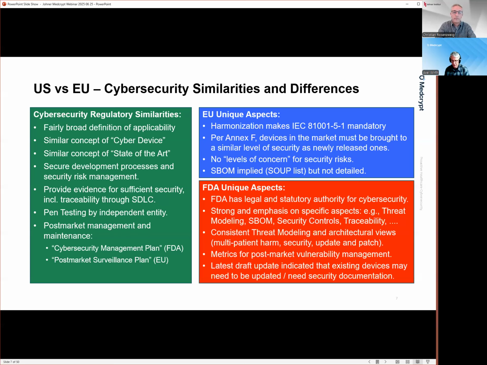And there was early last year a draft update proposal for the pre-market guidance that has not yet been finalized, but we expect that actually this year, based on what FDA has stated.